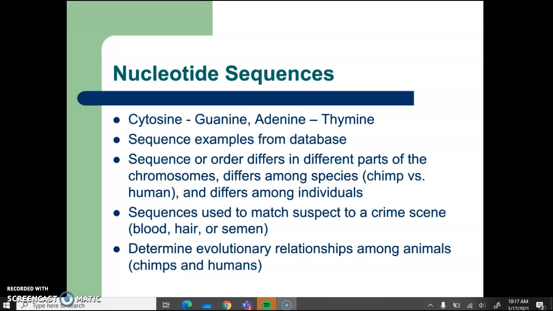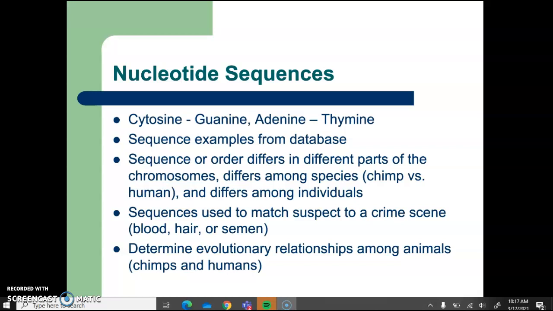When we look at ourselves compared to chimpanzees, for example, we share over 98% of the exact same genetic code, the same letters, those C's, G's, A's, and T's. The order of those letters is going to be exactly the same, 98% similar to chimpanzees. So the more similarities that we see in the genetic code, the more evolutionarily related we are to those organisms.